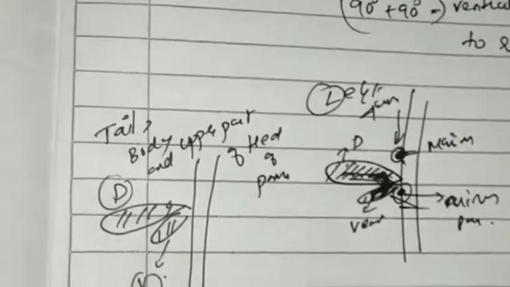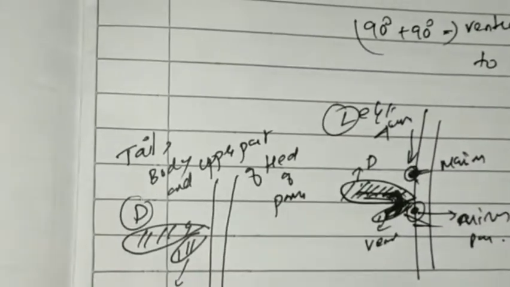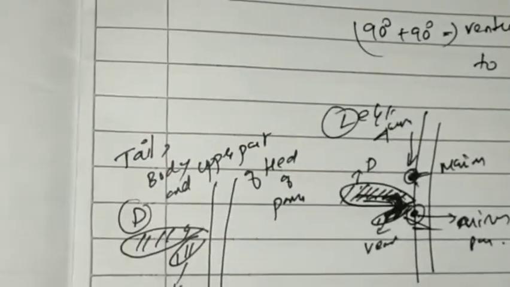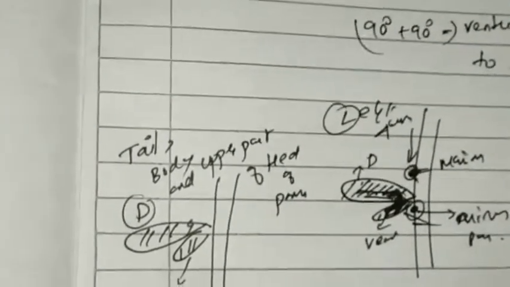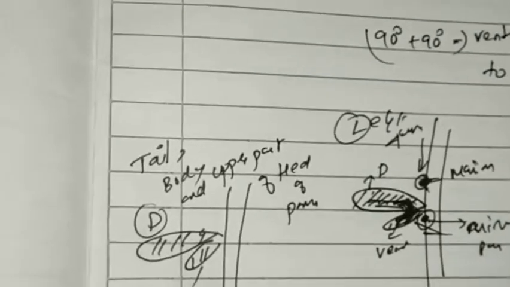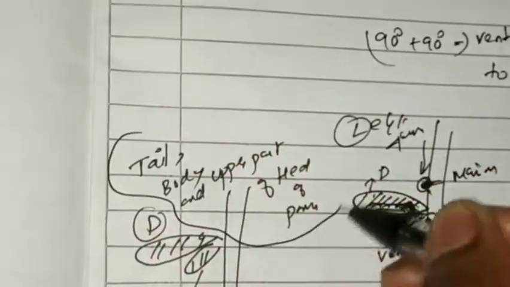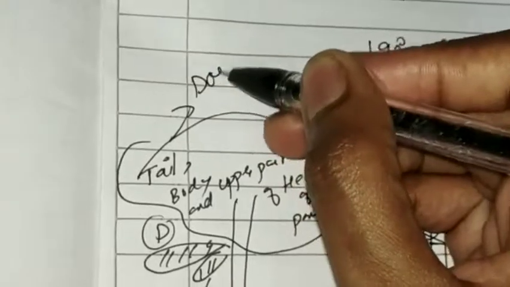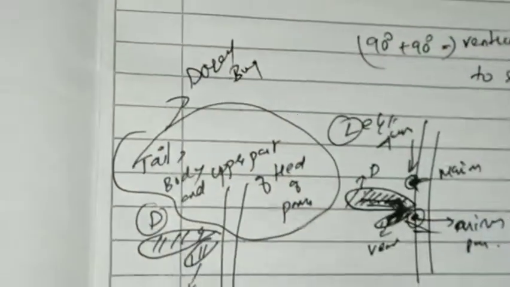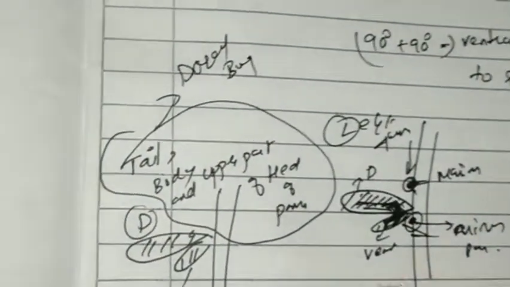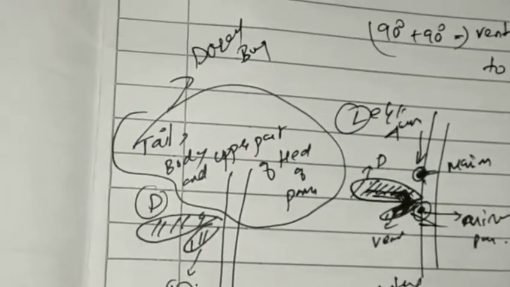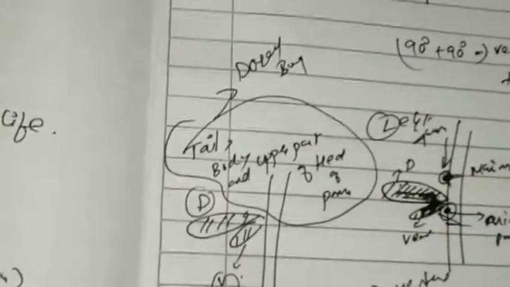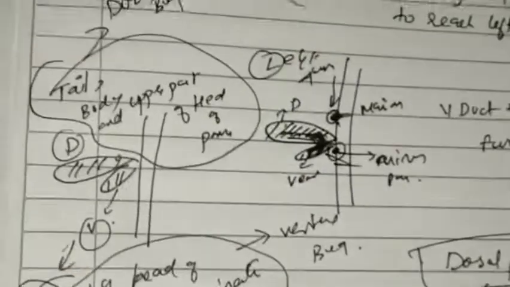Ventral part gives rise to lower part of head of pancreas plus uncinate process. So you can see most of the portion is formed from the dorsal bud, only very less portion is formed by the ventral bud. So by this we say that dorsal bud has more contribution forming the pancreas when compared to the ventral bud.